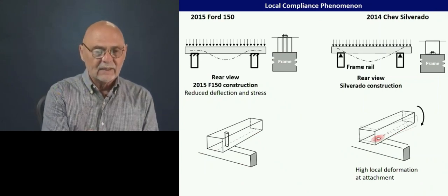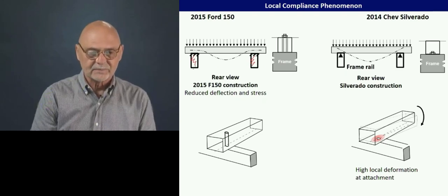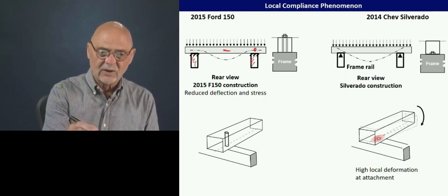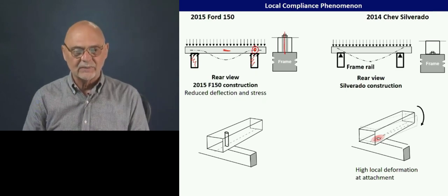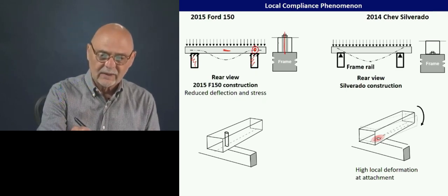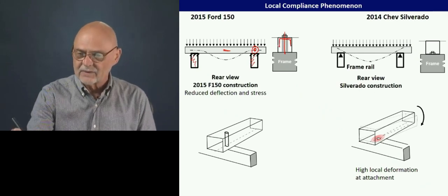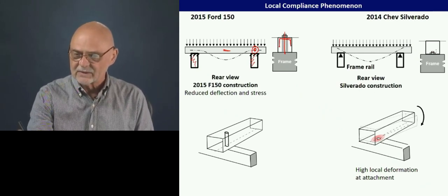Here we're looking at the end view of the vehicle. Here are the frame rail sections. Here's that cross member we looked at, and we're considering this area here where we're bolting them together. Here the Ford has done something like this, and the Chevy version looks something like this.